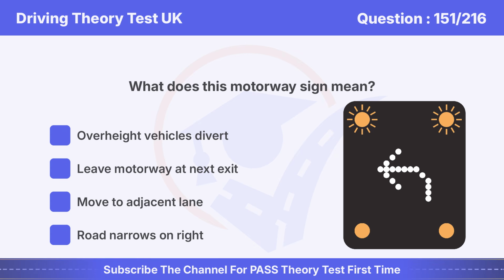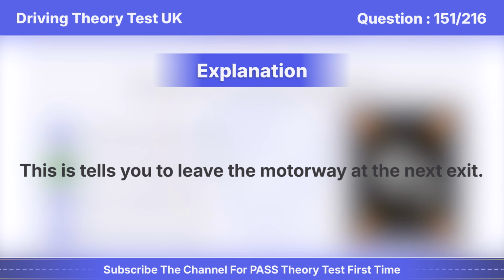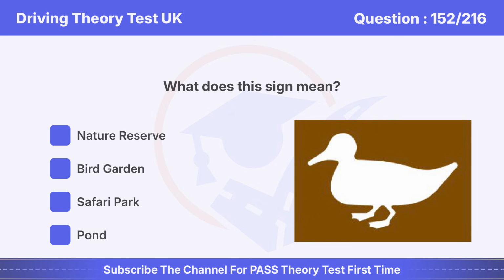Question 151. What does this motorway sign mean? Answer is B. Leave motorway at next exit. This tells you to leave the motorway at the next exit. Question 152.